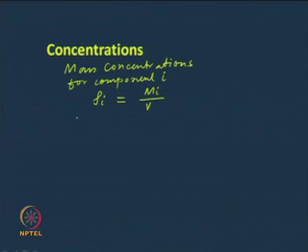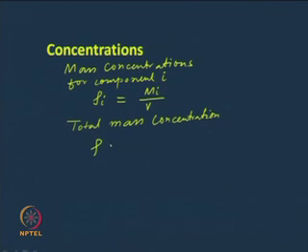So, the total mass concentration can be written as rho is equal to summation over i is equal to 1 to n.